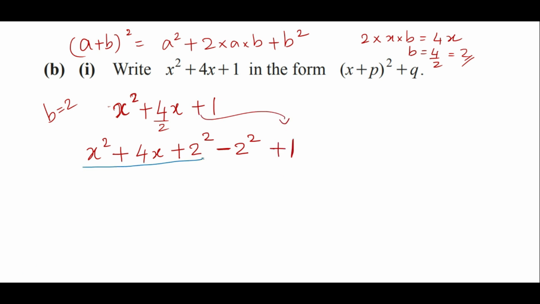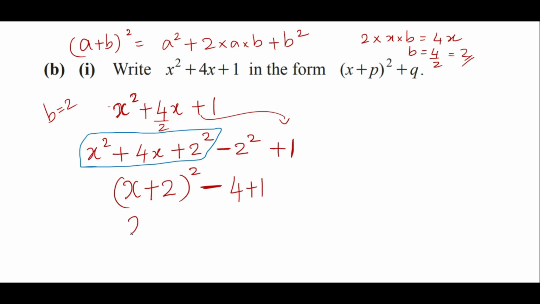Now you can see this is of the form x plus 2 the whole square minus 4 plus 1, giving you a minus 3.